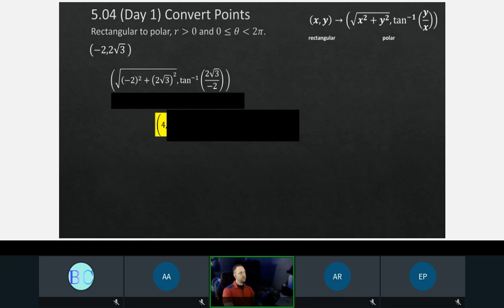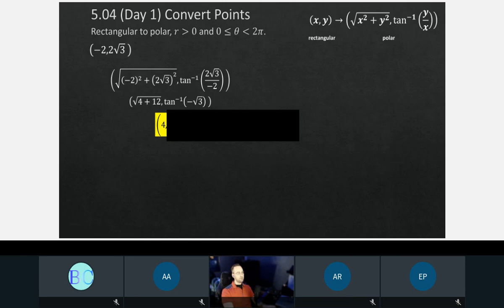So there's the setup. You can reduce that fraction for your arctan, and then you can look at your unit circle. So it looks like Caitlin got 4 pi over 3. Antonio got negative pi over 3 because he used his calculator.